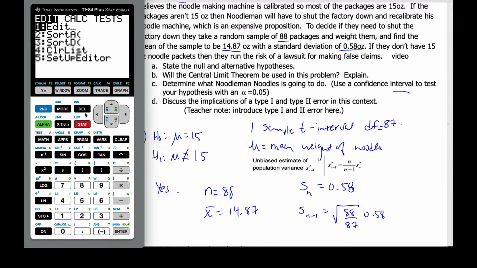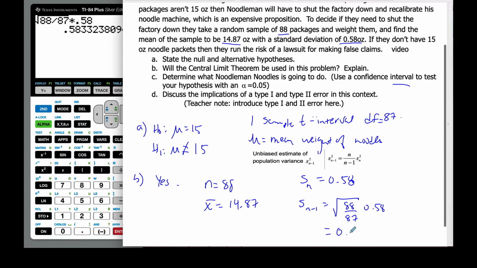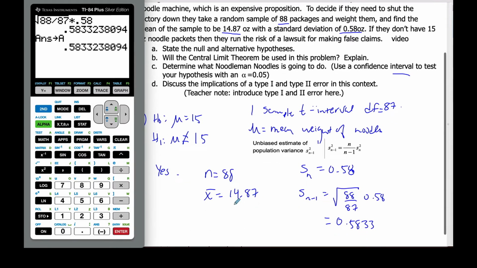And so going to my calculator, I can see that I'm going to divide 88 by 87, take the square root, and multiply by 0.58, which gives me a very close standard deviation, 0.5833. Okay, and I'm going to store that into A so that I don't have to type all those values, and I'll be more accurate.